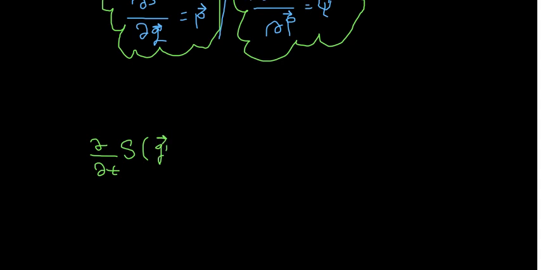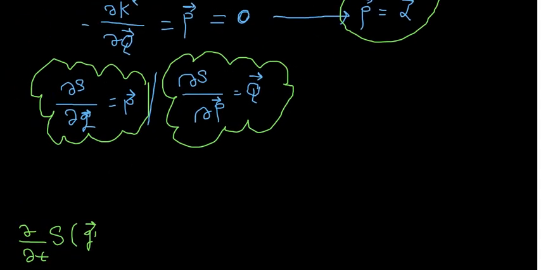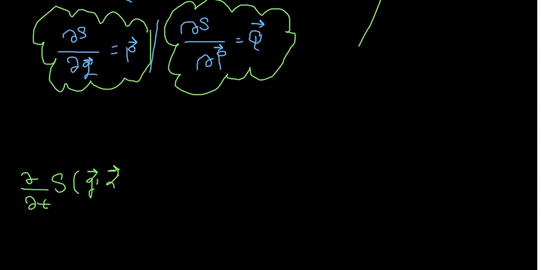But I'm not going to write P capital, I'm going to write alpha, the vector alpha, and t, plus H, and that one is a function of q and p small.